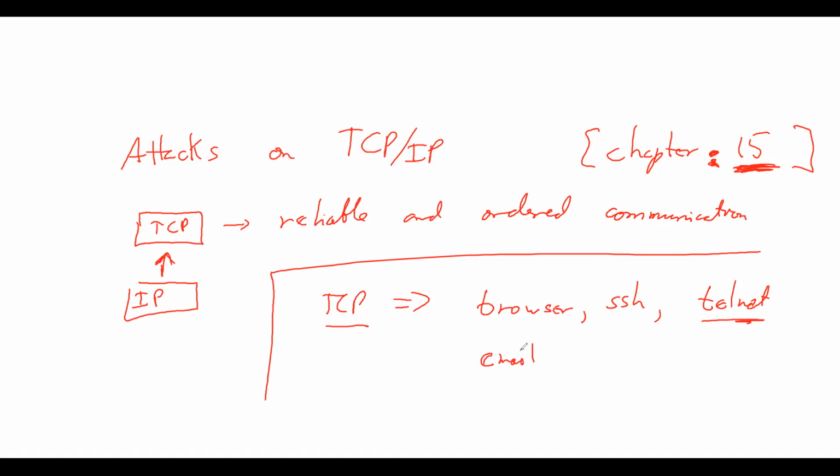All of these services are TCP. TCP is called the transport layer, and the definition of TCP is that it provides host-to-host communication services for applications. So TCP is host-to-host.